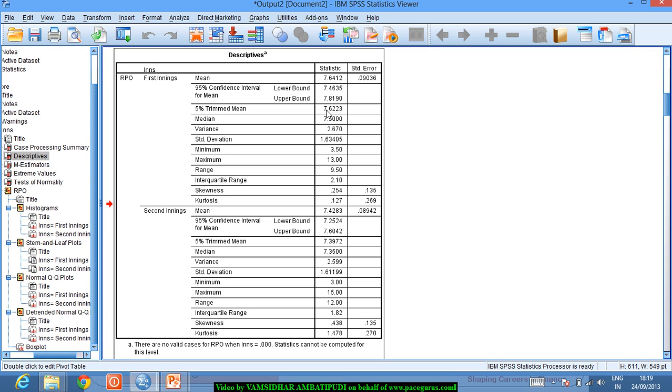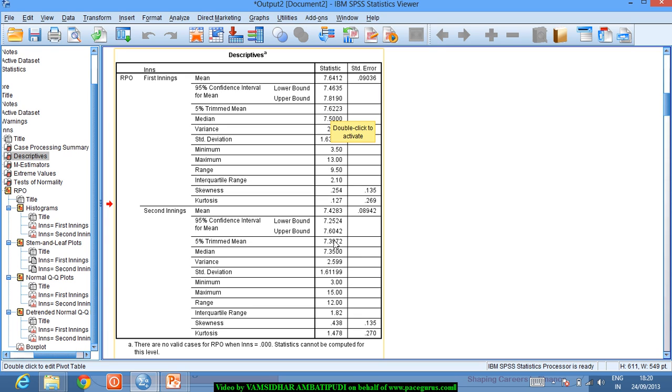Then there is another calculation of trimmed mean, the 5% trimmed mean. It means if I remove 5% of the outliers on either side, very high and very low values, and after that compute the mean, it is slightly reduced from 7.64 to 7.62.